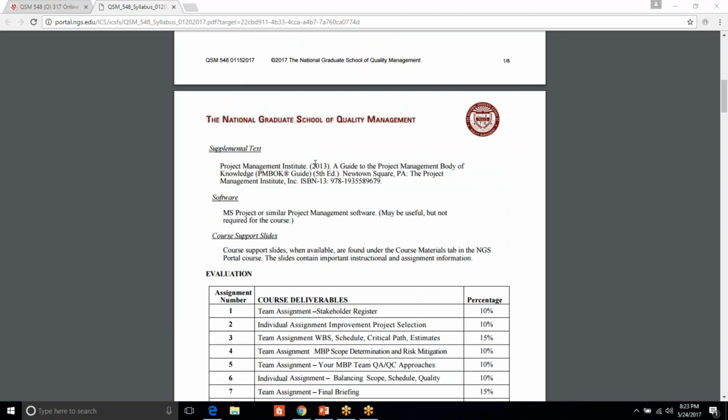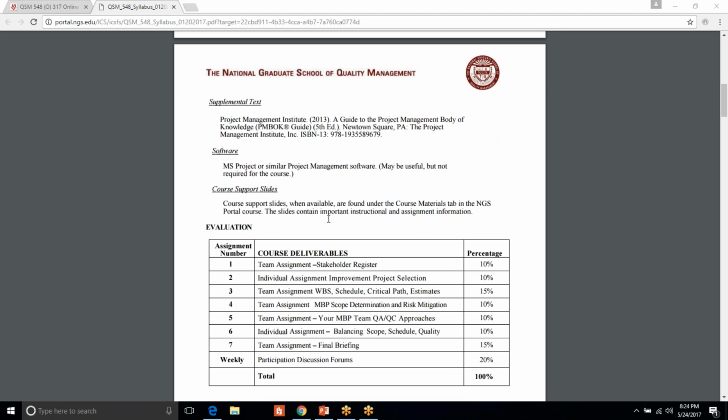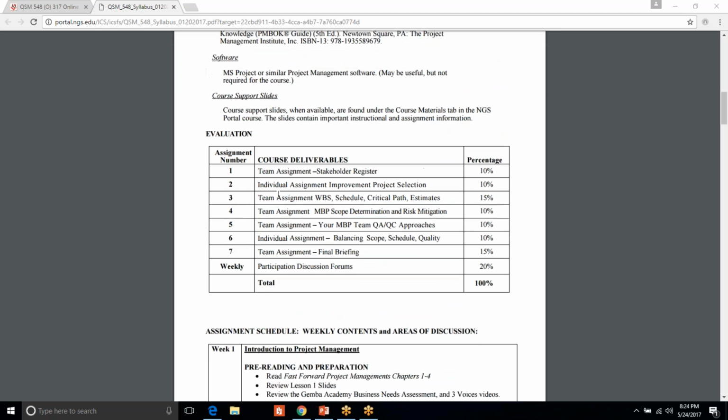There are additional subject texts that are supplemental, and some of you may have access to Microsoft Project or other project management software. It's not a requirement for this course, but sometimes those help, and so forth.